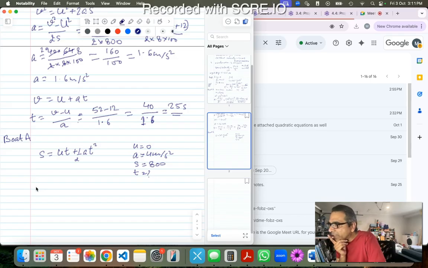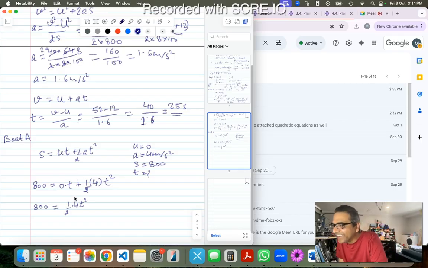So now I'm putting 800 equals 0 times t plus half a. Now I have to place the value of a here. So this leads us to 800 equals half times 4t squared, right? Because it's multiplied by 0, it becomes 0.